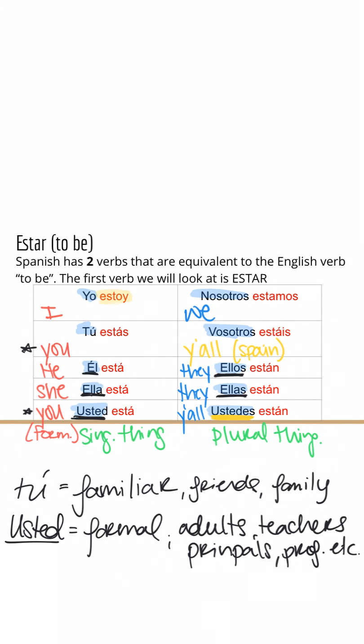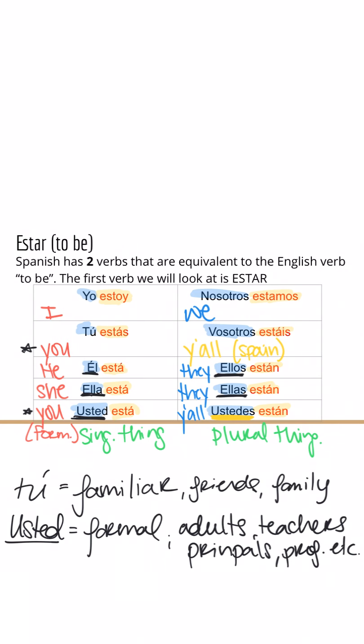Again, we have yo estoy, tú estás. We have él, ella, and usted, está for all three. We have nosotros, estamos, vosotros, estáis. And then we have ellos, ellas, y ustedes, están, están, y están. Great.